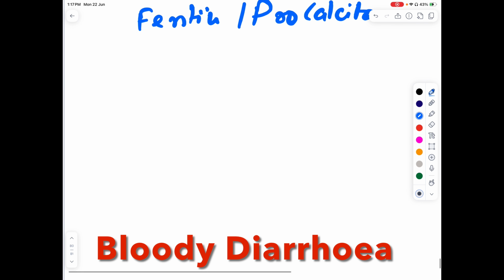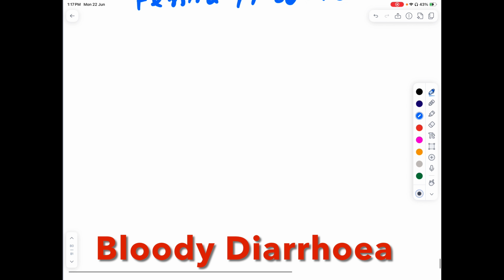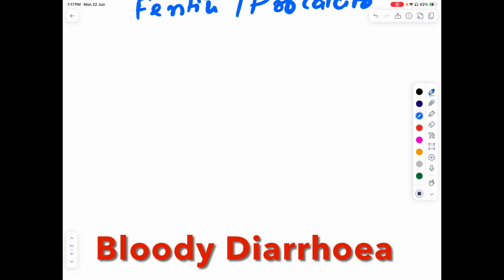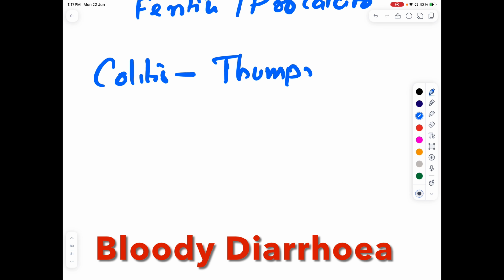If X-ray is done, what are you going to see? So this patient is having bloody diarrhea, dilatation of the cecum with narrowing of the descending colon, thumb printing, colitis. In colitis, there is inflammation or there can be thumb printing. So what is this thumbprint sign? Thumb printing is a sign.